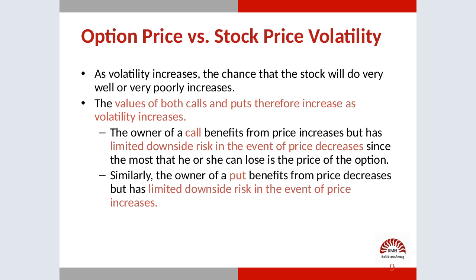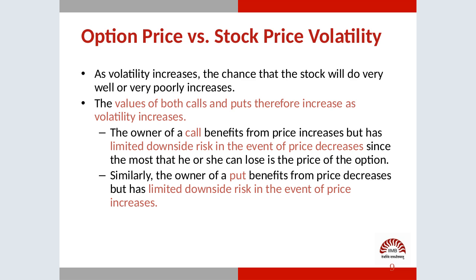And effectively, why is that? Because the owner of the call benefits from the price increases, but has limited risk in the event of the price decrease, because the maximum he or she can lose is essentially the price of the option. Similarly, the owner of the put benefits from price decreases, but has limited downside risk in the event of price increases.